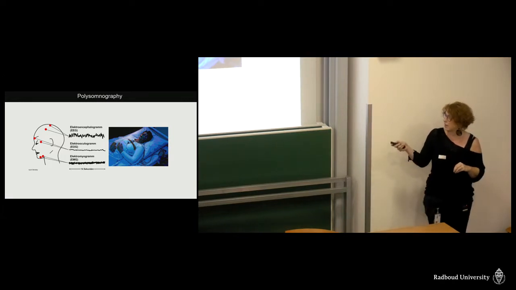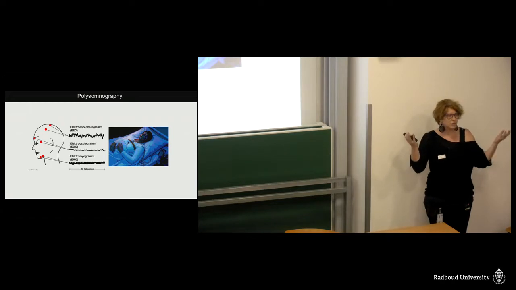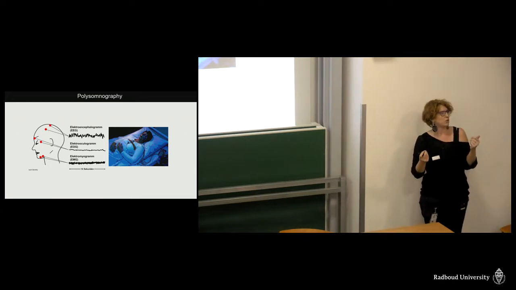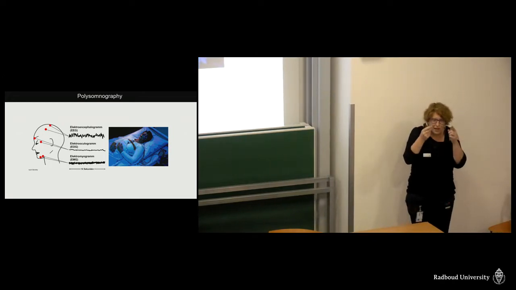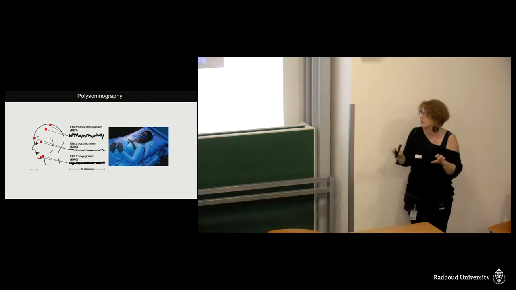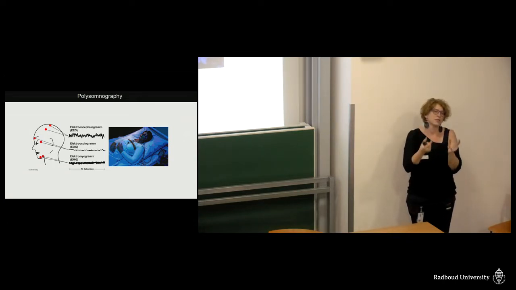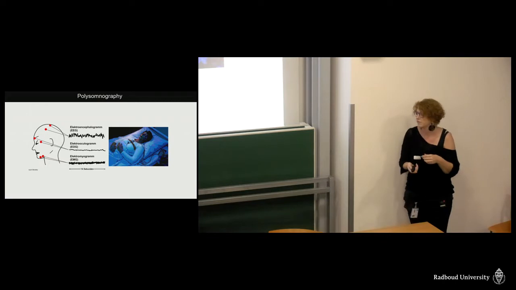Especially the eye movements are quite funny, because I don't know if you were aware that your eye is one big dipole. It turns out your eye is perfectly polarized through the front of the sclera versus the back of your eye, where you, of course, see things. So if you're moving your eye, you're creating a perfect electrical signal, which we can capture because it's a dipole. And with the EMG, of course, it's just the tension that you can measure.